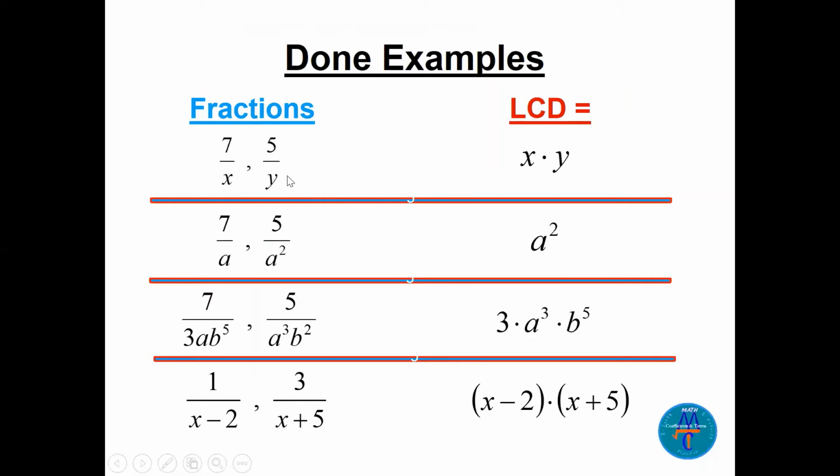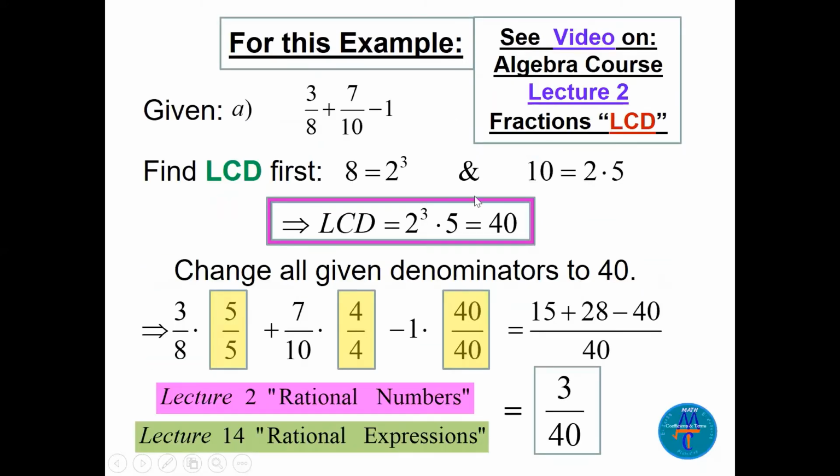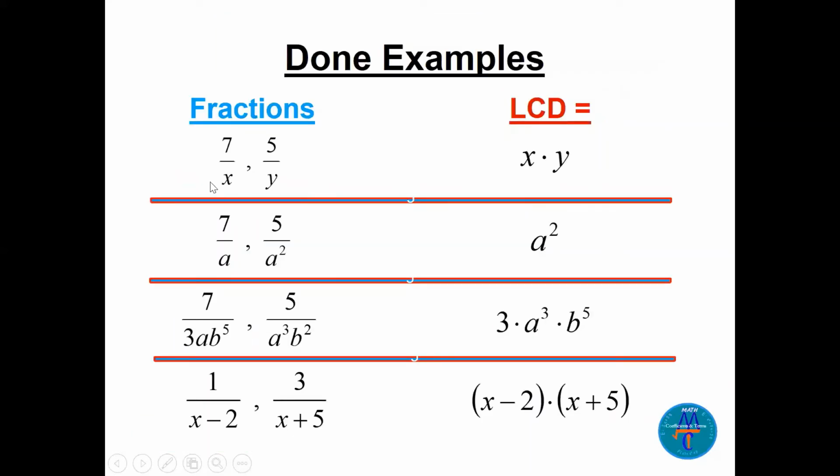I'm not saying add or subtract here; see the idea of how to find the LCD. This is a complete example from lecture 2, adding and subtracting. It shows that if you have 2 fractions like 7 over x and 5 over y, x and y are variables, so we multiply them. That's the LCD.